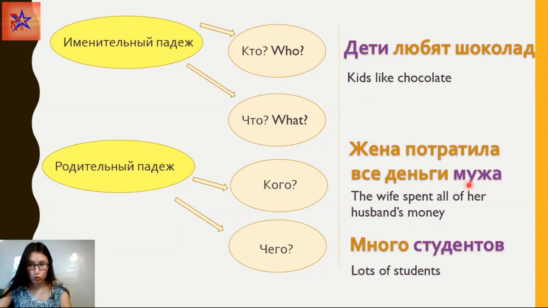So husband's, мужа, is used in родительный падеж. Besides, it's used with different quantities like lots of, none, many, много студентов, lots of students. Or we could say нет студентов, none of students. It's again used in родительный падеж.